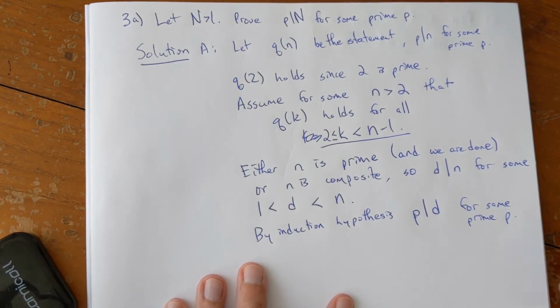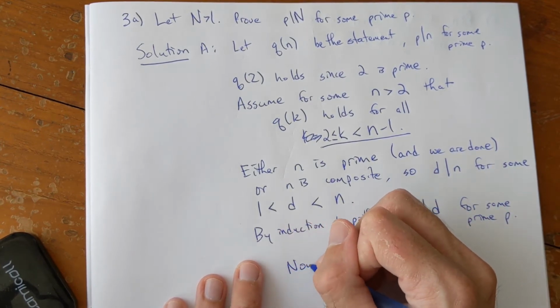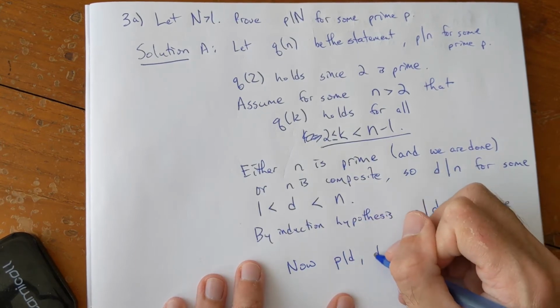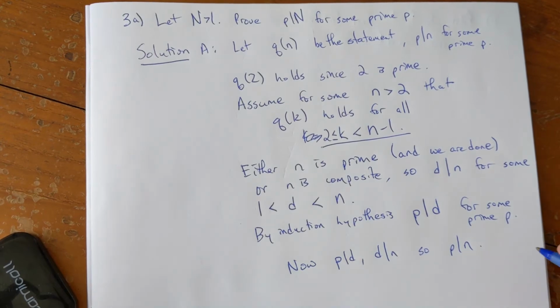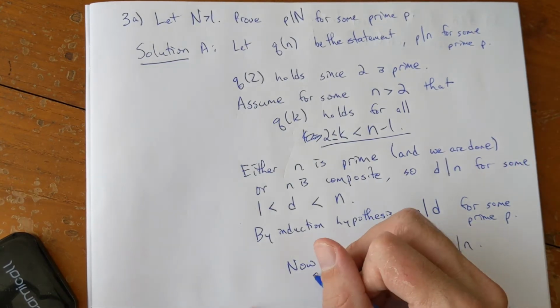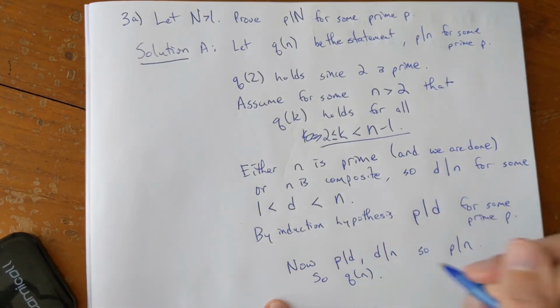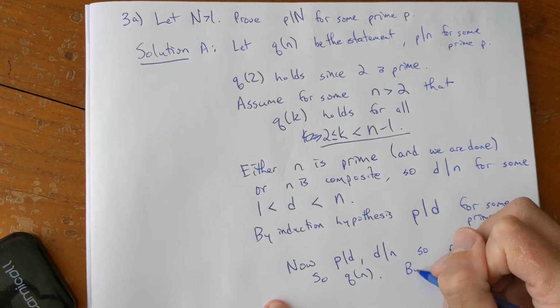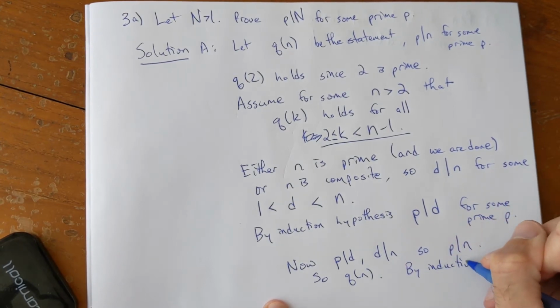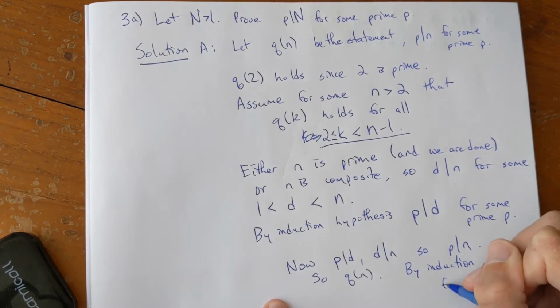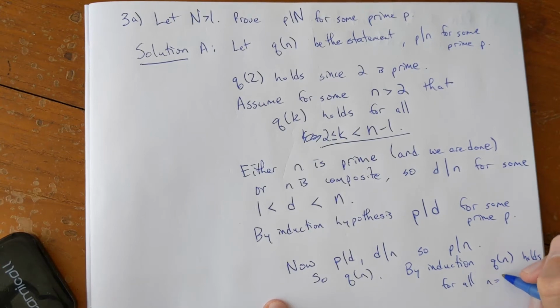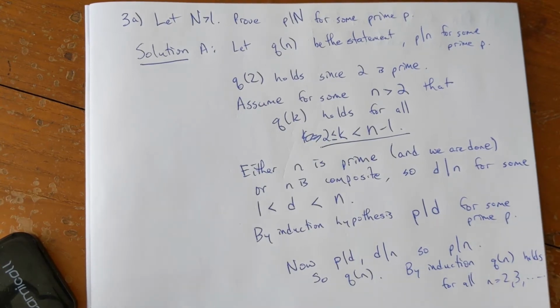Now p divides d, d divides n, so p divides n. In either of these cases, we've shown that Q of n holds. So by induction, Q of n holds for all n equals 2, 3, and on and on.